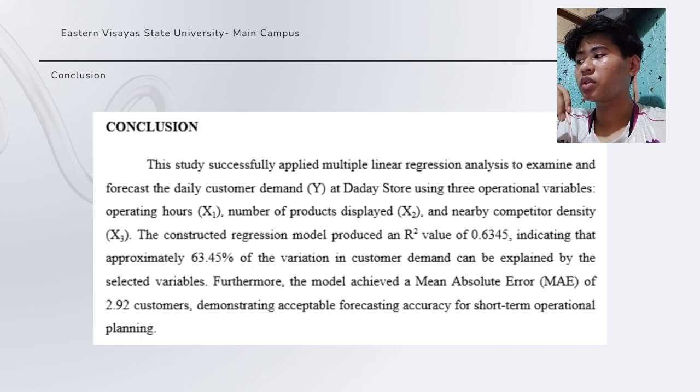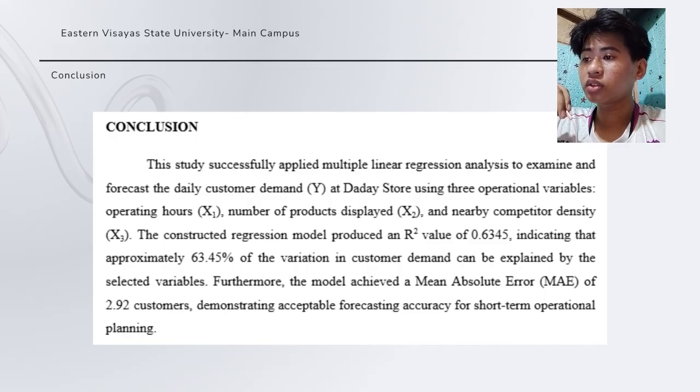So in conclusion, this study successfully applied multiple linear regression analysis to forecast the daily customer demand at the store using 3 operational variables: the operating hours, number of products displayed, and the nearby competitor density.